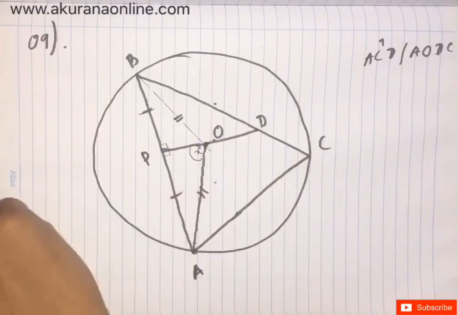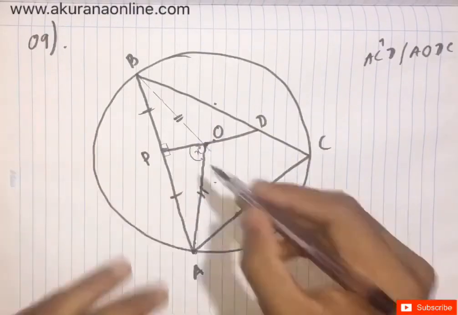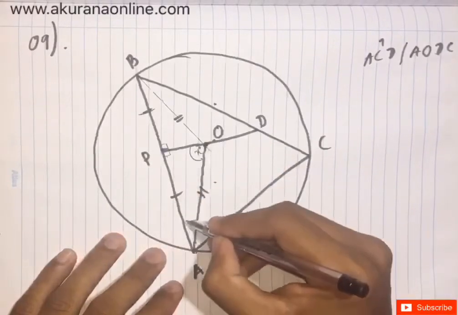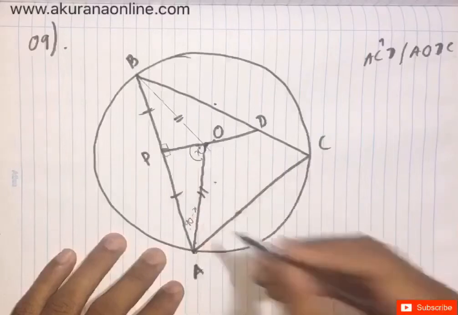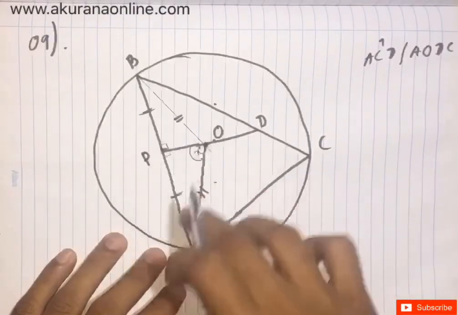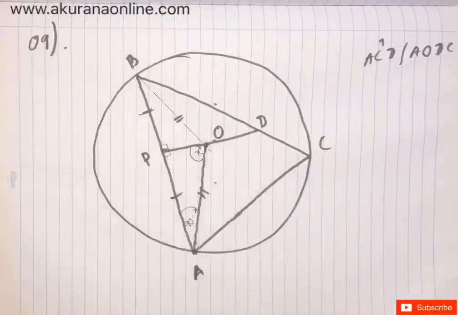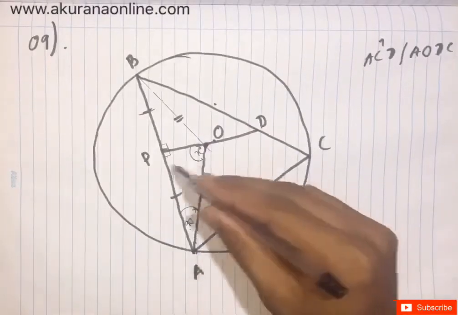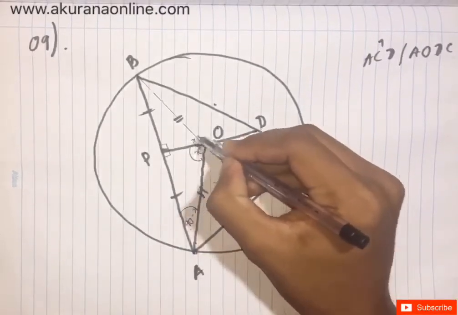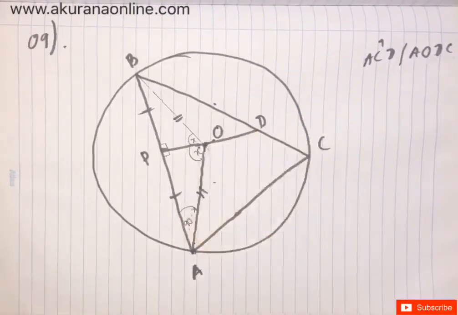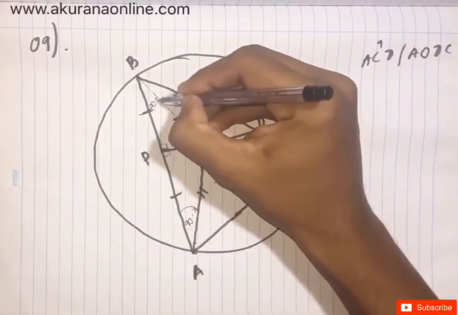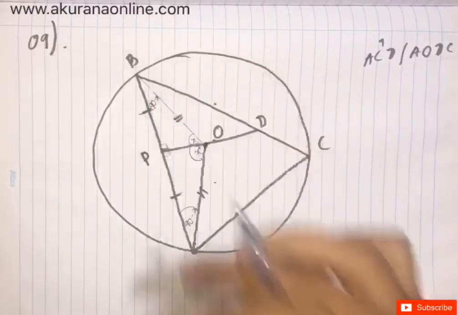Now when those two are equal, this is X, this is 90. How much is this? That is equal to 90 minus X. Why? If you add all these three angles in a triangle, you should get 180. Therefore if this is X, this is also equal to X. Now this angle is also equal to 90 minus X, but these two are congruent.